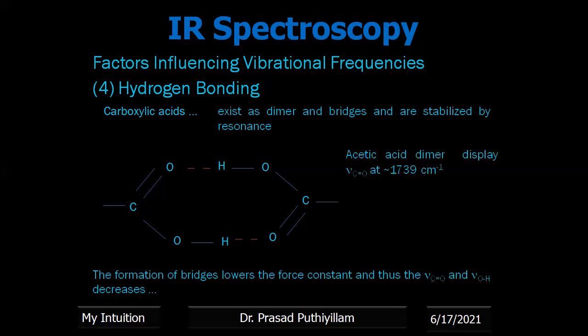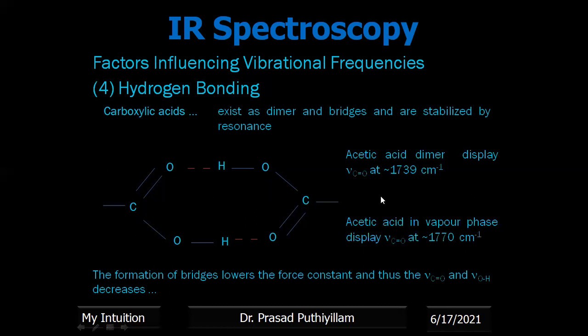Okay, so the acetic acid dimer displays a carbonyl stretching frequency of approximately 1739 centimeter inverse, and if it is in vapor phase, vapor phase means the molecules cannot come closer to each other, they are free to move. Whereas in liquid or solid state they come close.